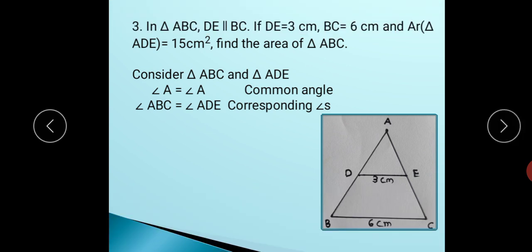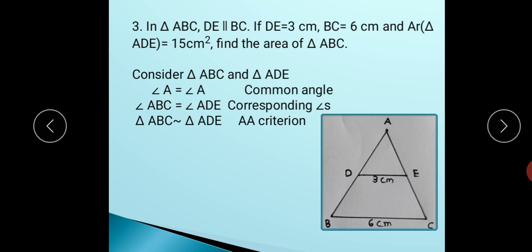They are corresponding angles. Why are corresponding angles equal here? It is given that DE is parallel to BC. So from these two steps, we prove triangle ABC is similar to triangle ADE by AA criterion.